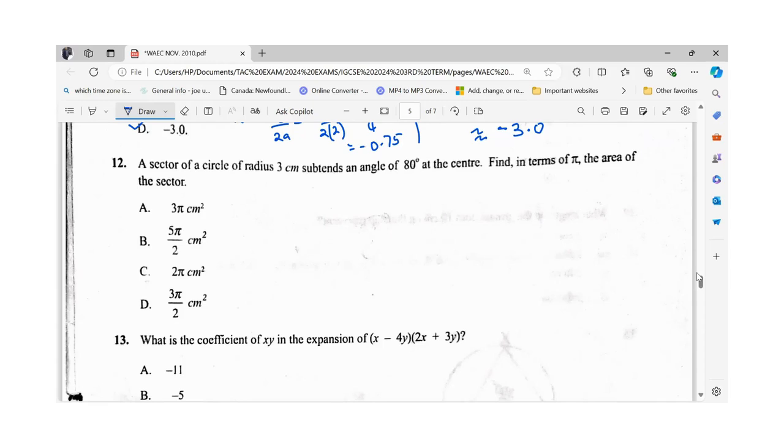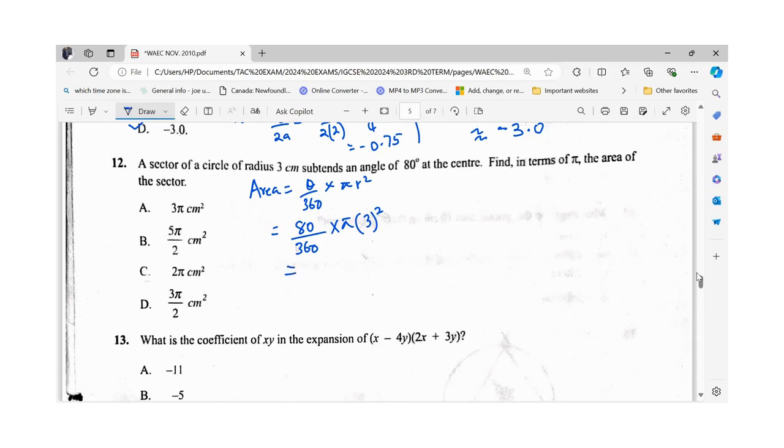A sector of a circle of radius 3 centimeters subtends an angle of 80 degrees at the center. Find in terms of pi the area of the sector. Now, area of sector is given as theta over 360 times pi r squared. This is 80 over 360 times pi times 3 squared.